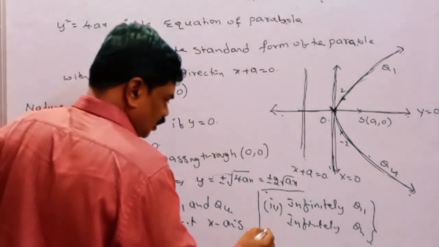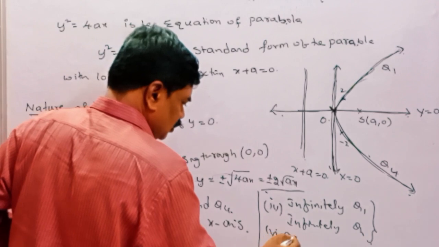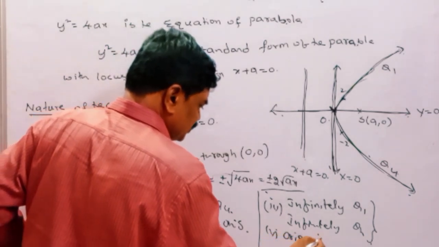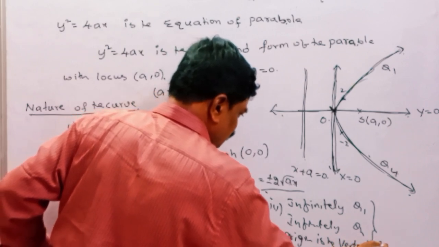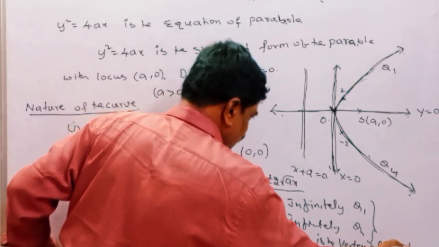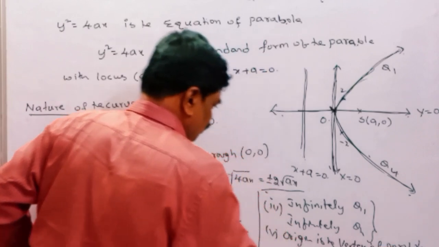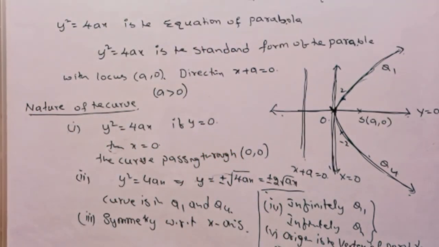Fifth one: the origin is the vertex of the parabola. This is the nature of the curve of the parabola. That's all.